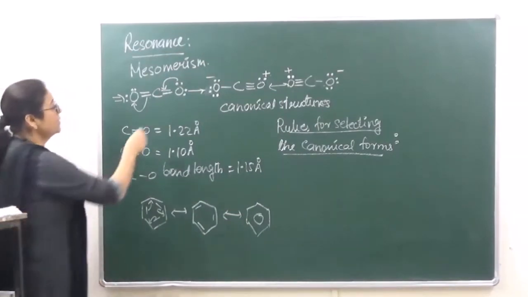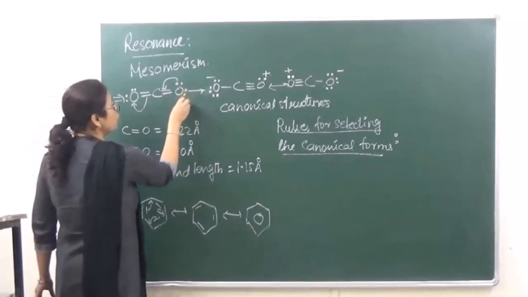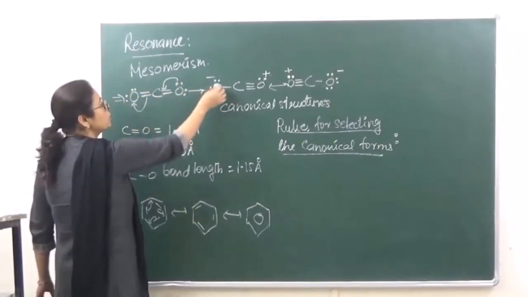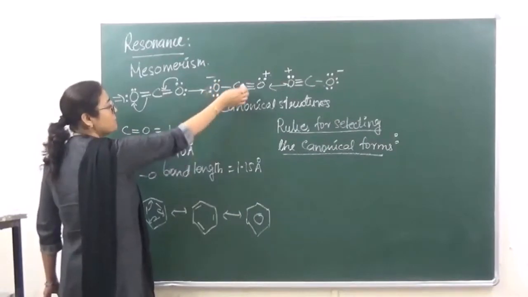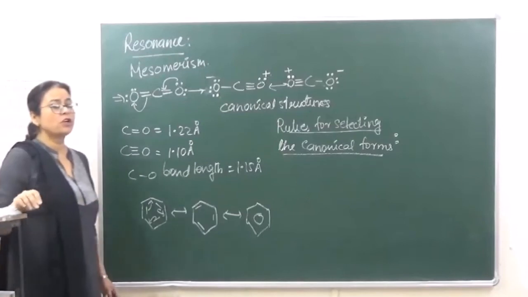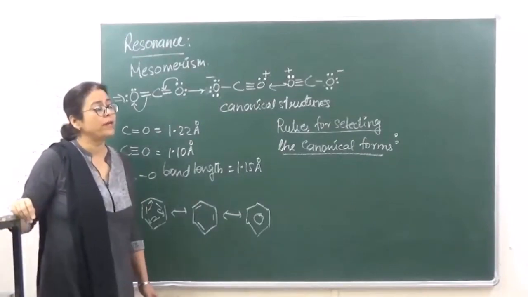So if we're looking at the total number of electrons over here, lone pairs, see 1, 2, 3, 4, 5, 6, 7, 8 lone pairs. So 1, 2, 3, 4, 5, 6, 7, 8. So the number of lone pair of electrons in each of the canonical forms, that should remain always same.